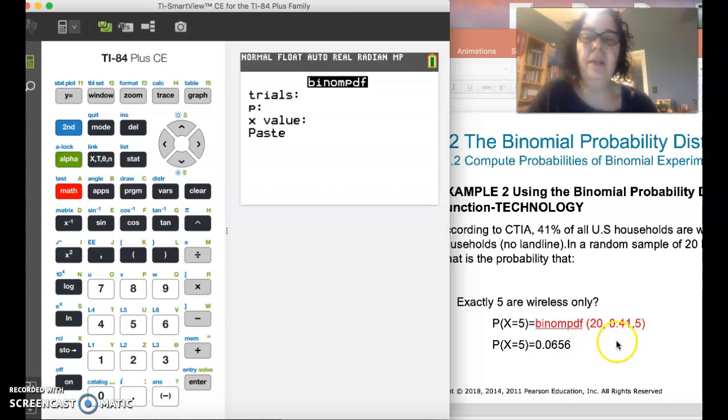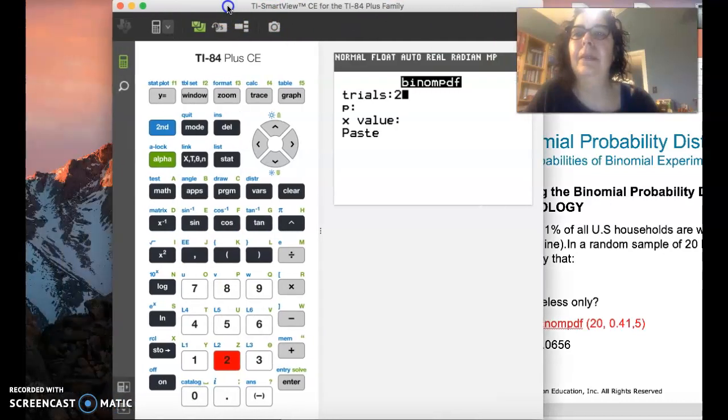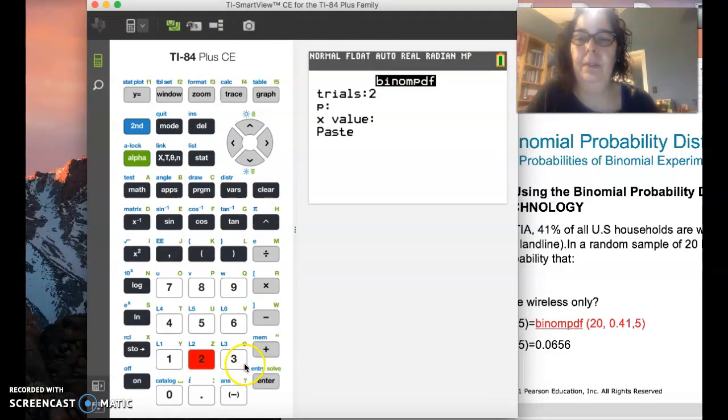So trials is 20. Sometimes my screen emulator is not working. Let's see. 20. All right, 23 is okay, but we don't want 23.